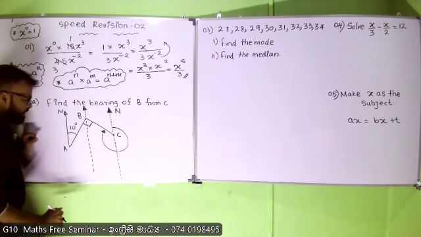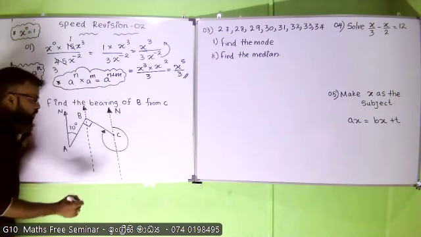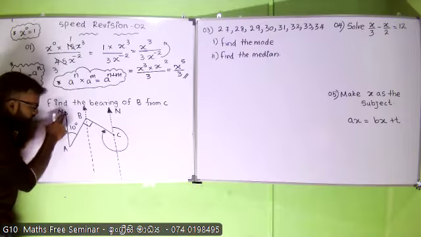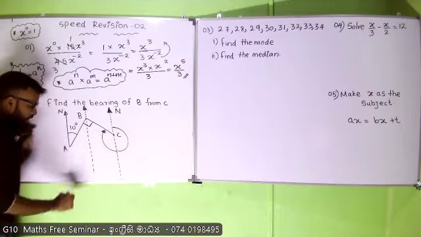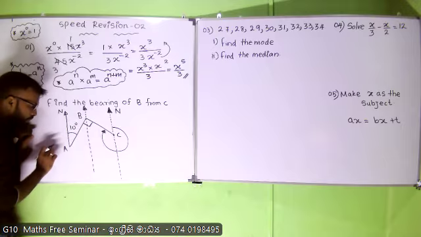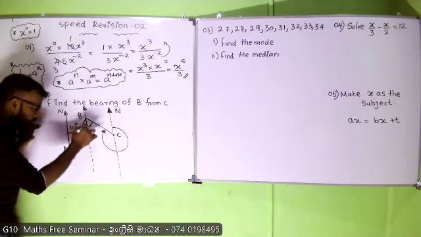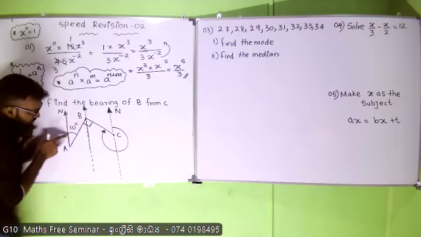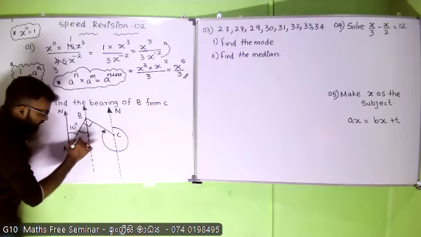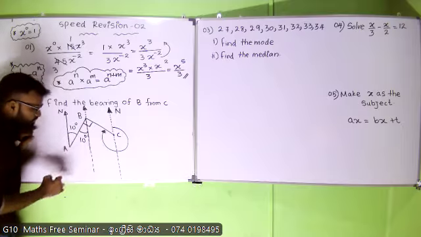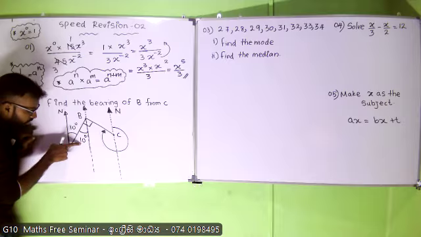If this line and this line are parallel, these 2 lines are parallel, this is the Z type of angle. So I can say if this angle is 10 degrees, this angle is definitely 10 degrees.